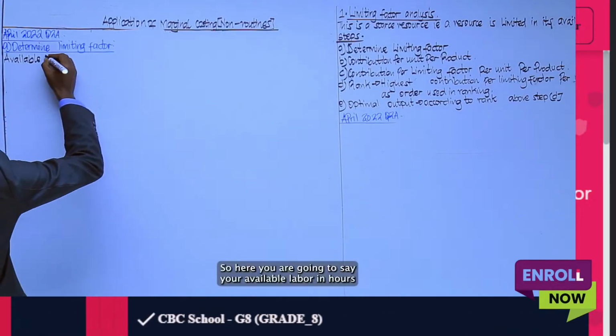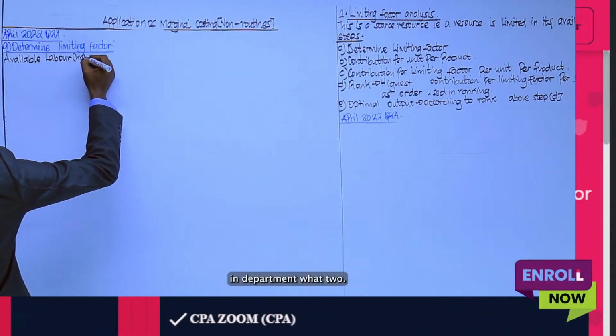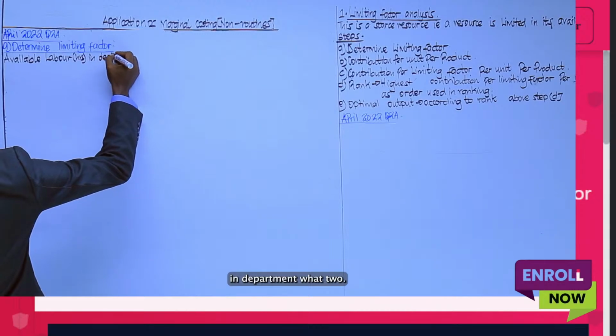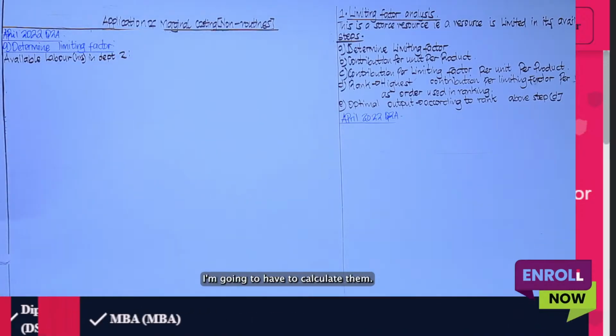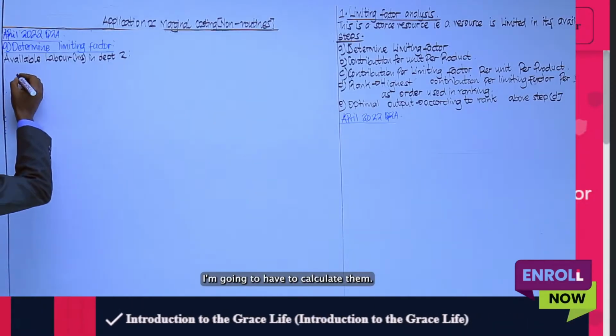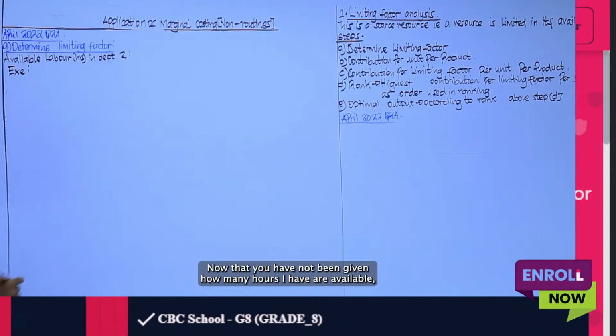So here you're going to say your available labor hours in Department 2. You're going to have to calculate them now that you've not been given how many hours are available.